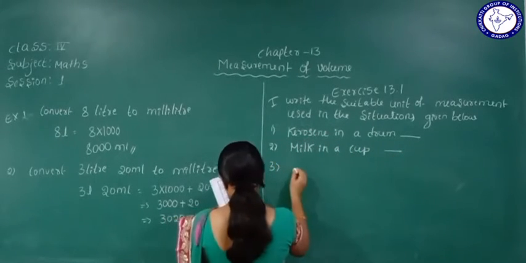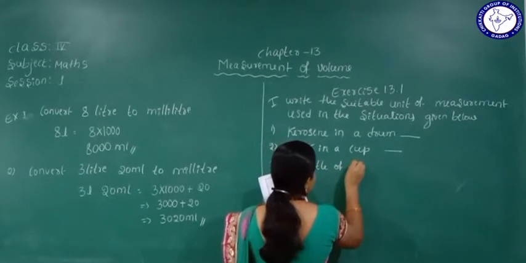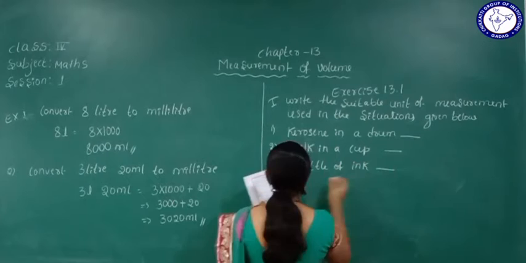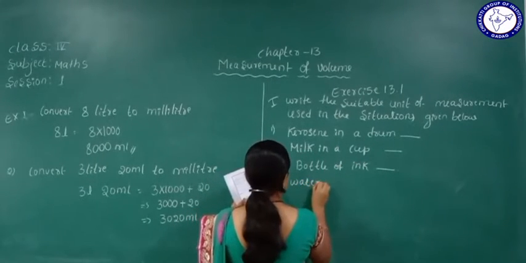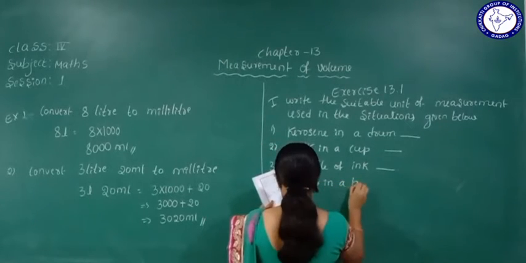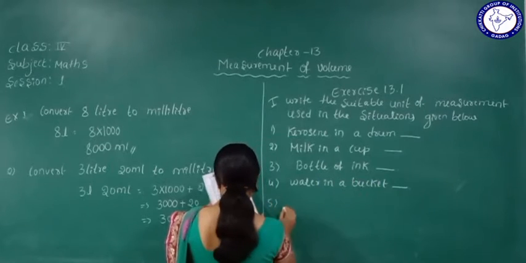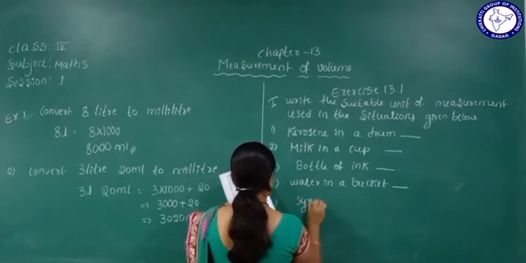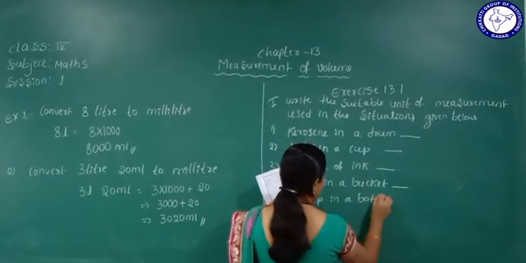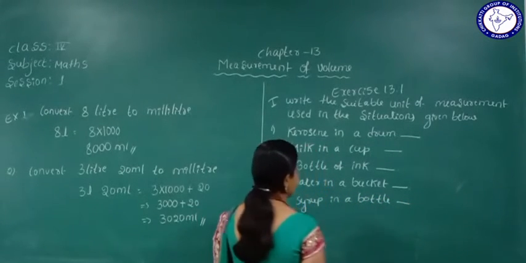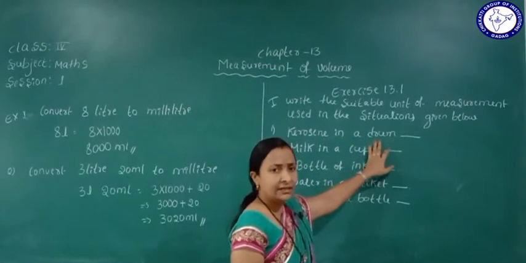Next, bottle of ink. Water in a bucket. Next, syrup in a bottle. So here we understand that we will write milliliter or liter.